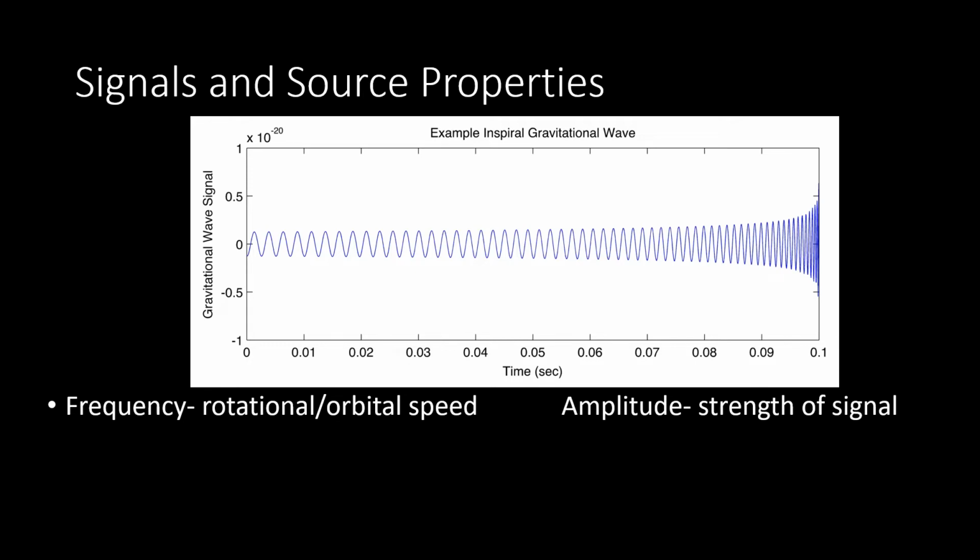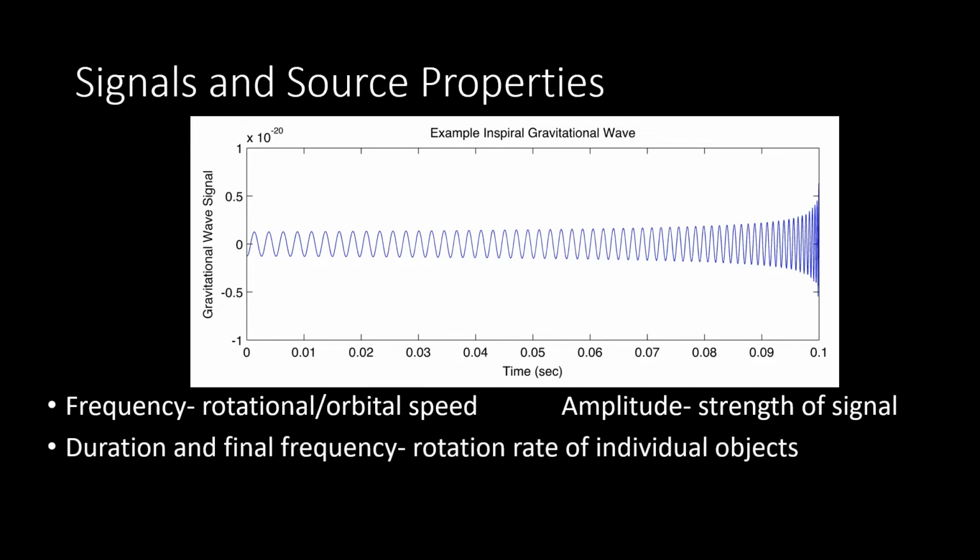Amplitude is also the strength of the signal, so we can get a sense of how powerful the emission was, and a little bit more about how massive the objects were that created the gravitational wave signal. We also can look at the duration, so how long did the signal last? In this case, it was only 0.1 seconds, but the duration, as well as the final frequency, the peak or the trough down here, gives us a sense of the rotation rate of the individual objects.